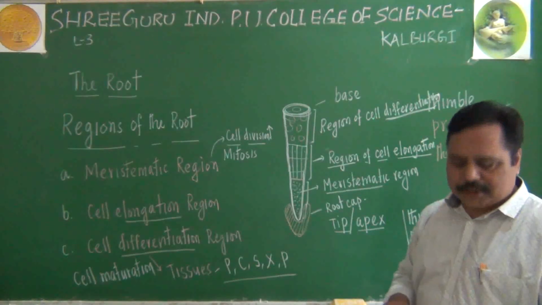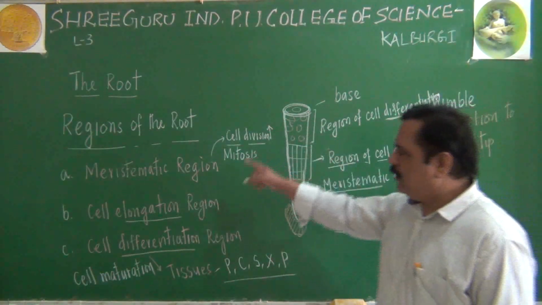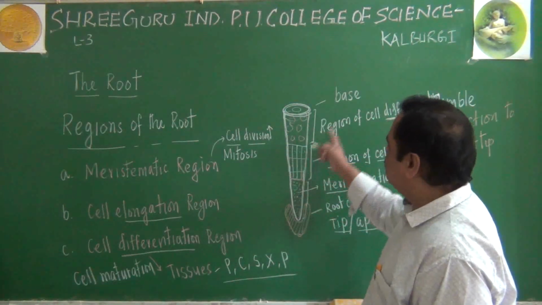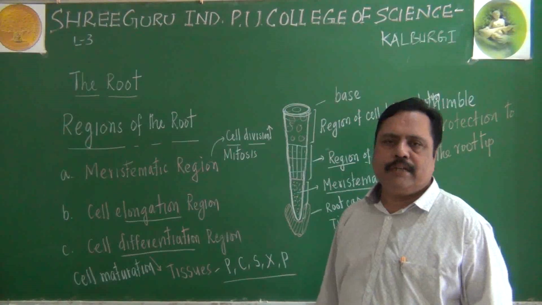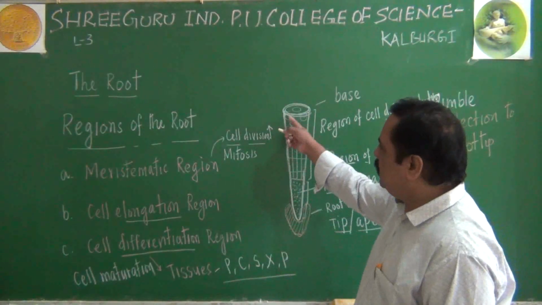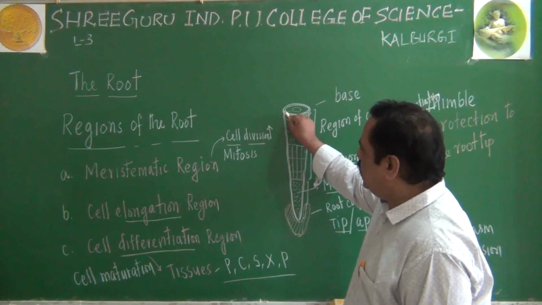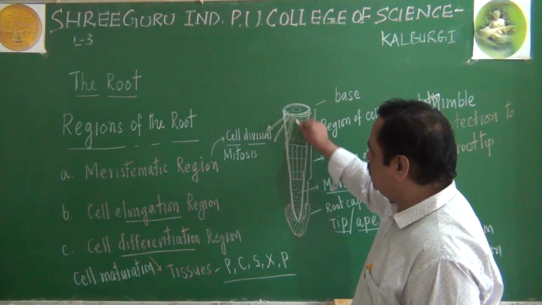Here comes one interesting point of the plant. Listen to me. In the root system, there are various parts. Now listen here. What happens in this region of cell differentiation? One more interesting event takes place. From this region of cell differentiation, we will get some unicellular projections like this.